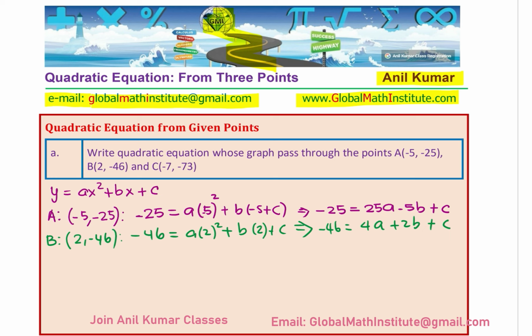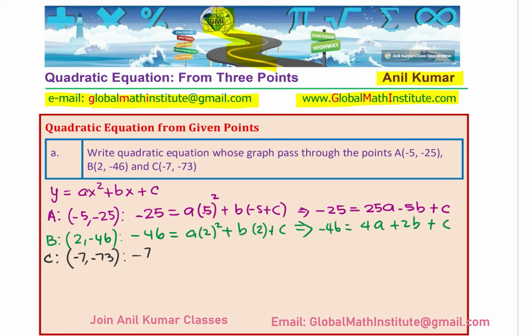Similarly, we'll use the third point, C, which is (-7, -73).